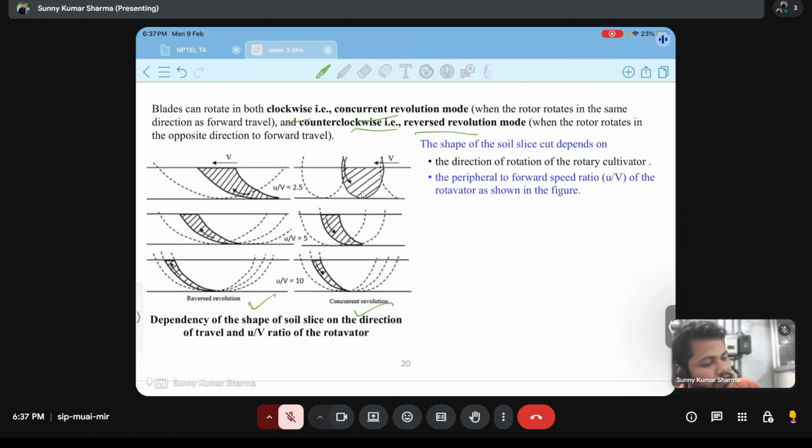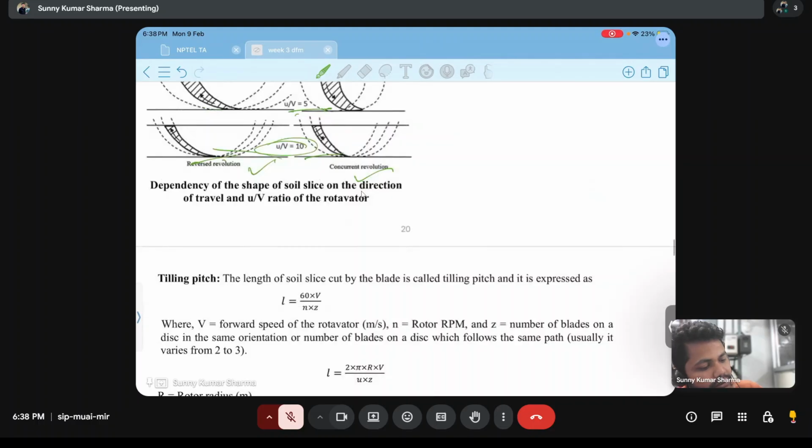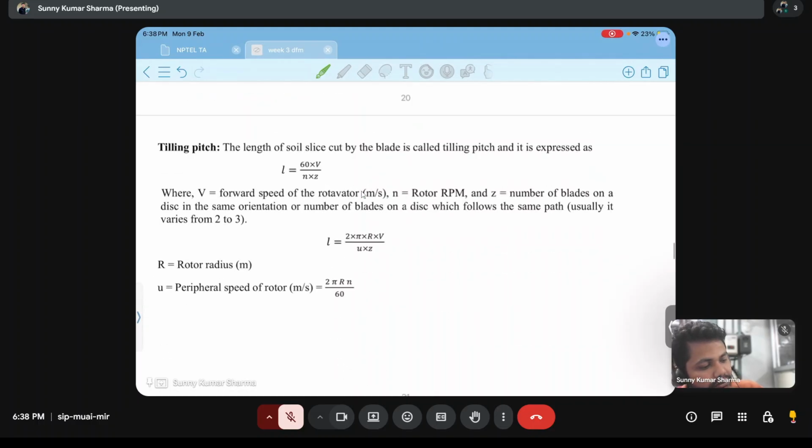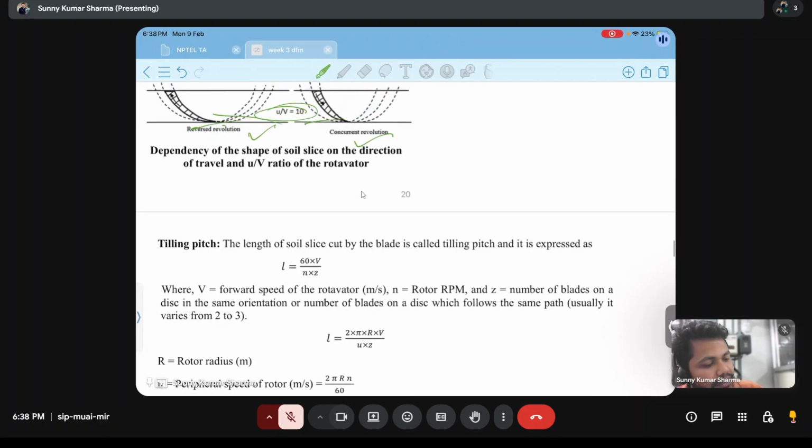So in reverse revolution we get this type of soil slice, and in co-current we get this type of soil slice when U by V ratio is low. When U by V ratio is more than 5, we get a different shape, and when it is 10 we get approximately similar shape and size of the soil slice.